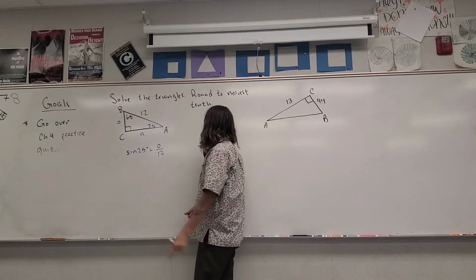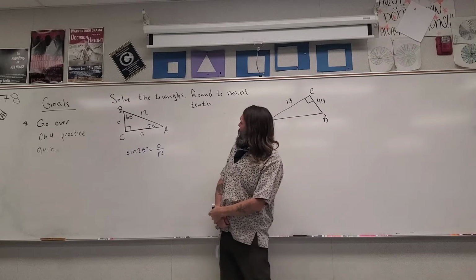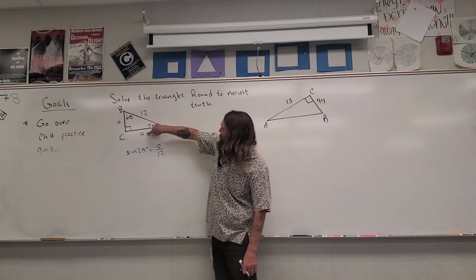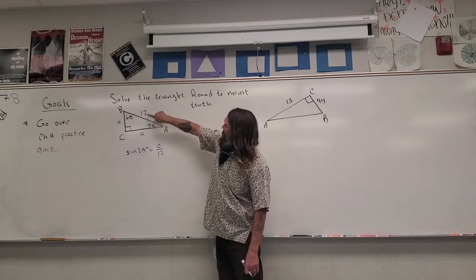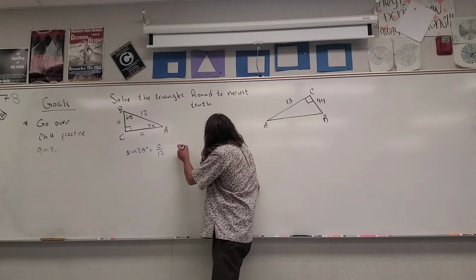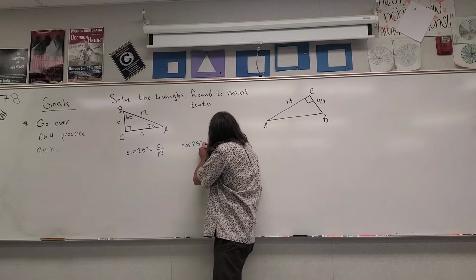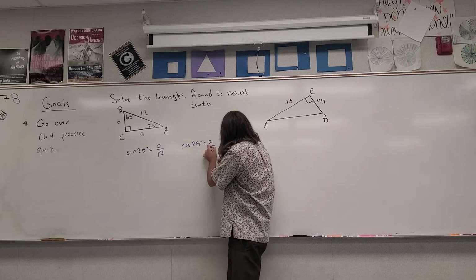And the cosine of angle A, or the cosine of 25 degrees, is going to be the adjacent length divided by the hypotenuse.